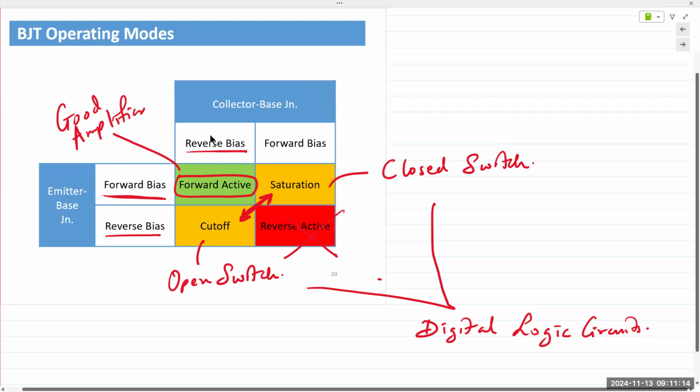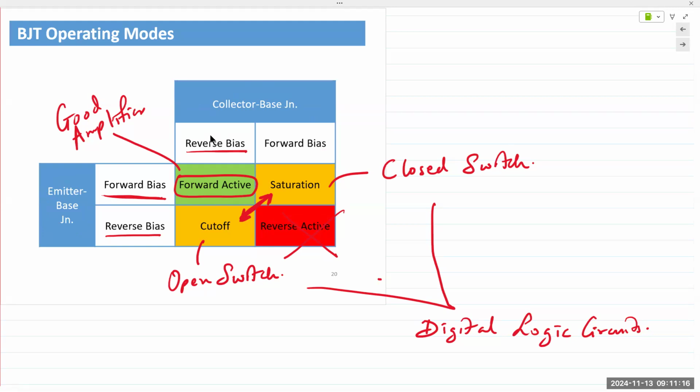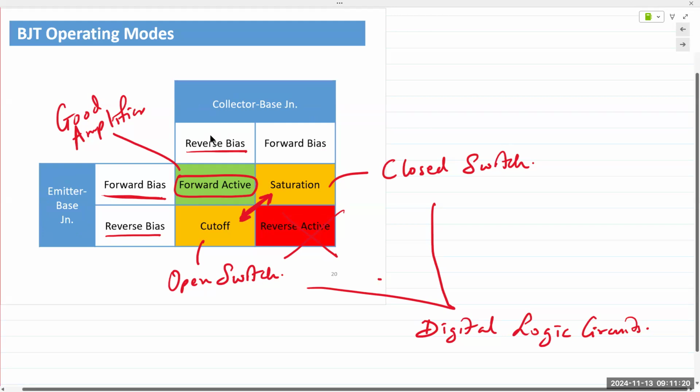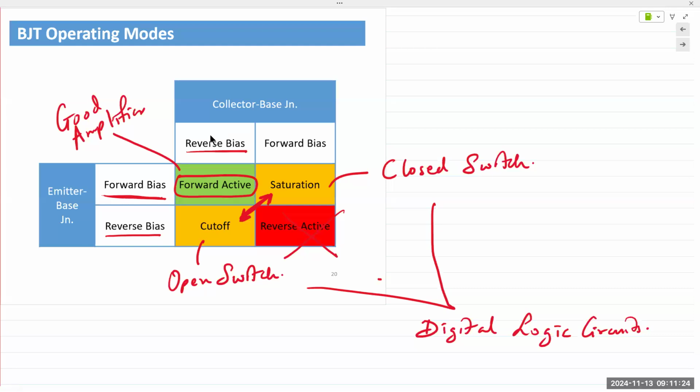Now, the thing to keep in mind is, unlike an FET or a MOSFET, a BJT is not symmetrical. In an FET or a MOSFET, you have a channel and 2 regions surrounding the channel. The source and the drain can be interchanged. In a BJT, that is not possible because of the physical construction. The emitter is the smallest structure out of the 3, but it is the most heavily doped.